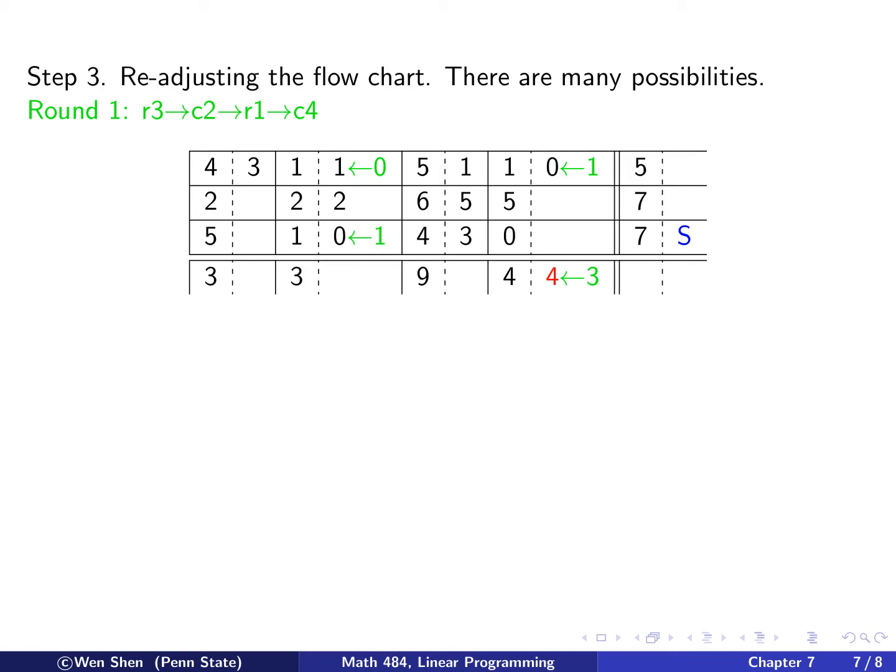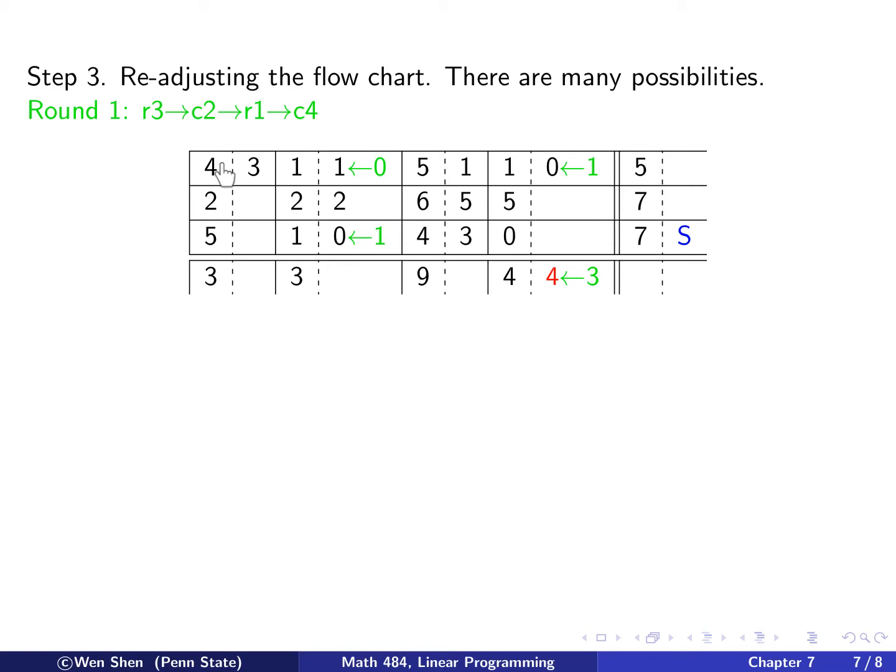Okay, and then you could either reduce this one or reduce this one. So let's say I picked this one and I replace it by 1. Okay, and that means the warehouse 1 now has 1 unit surplus.